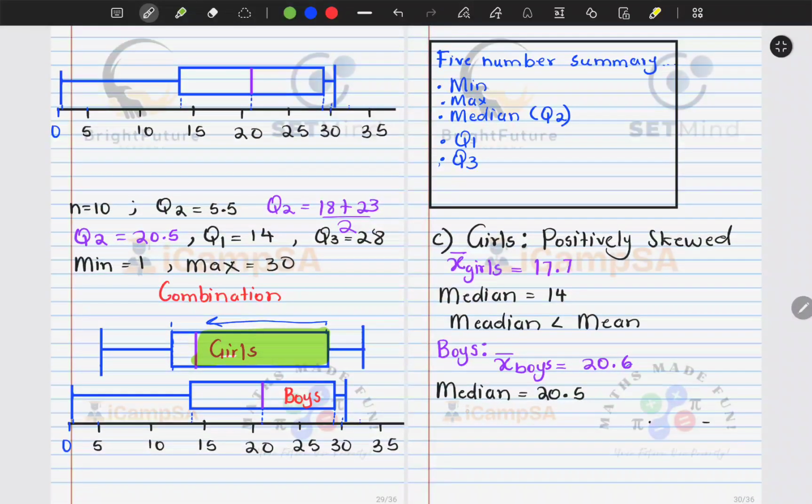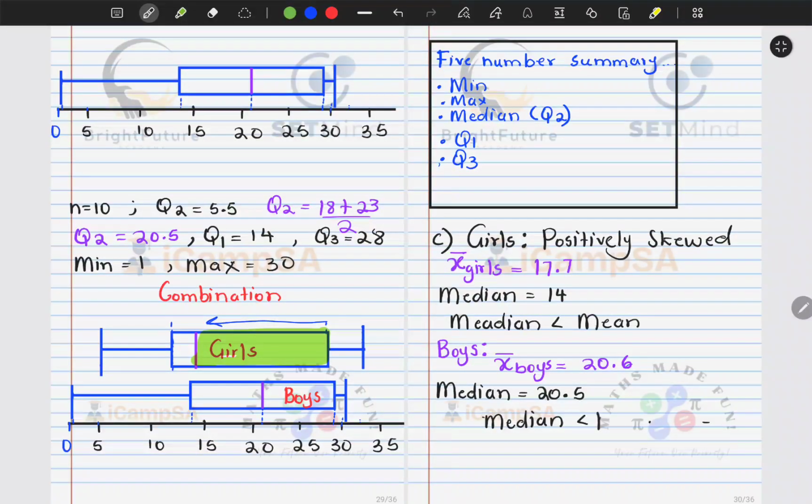So if you observe carefully, you will see that our median, which is 20.5, is less than your mean, which is 20.6.